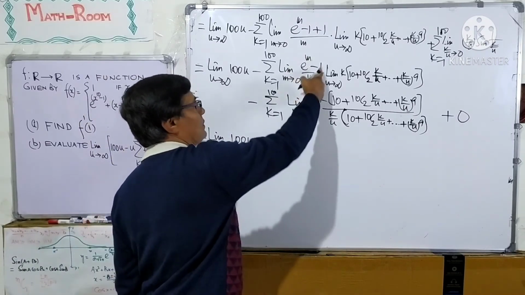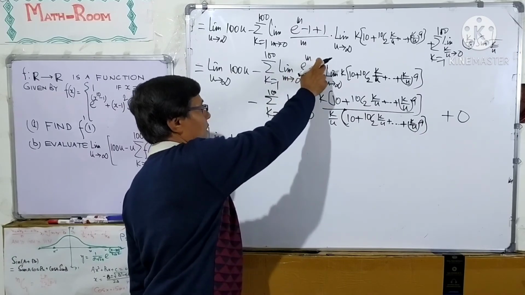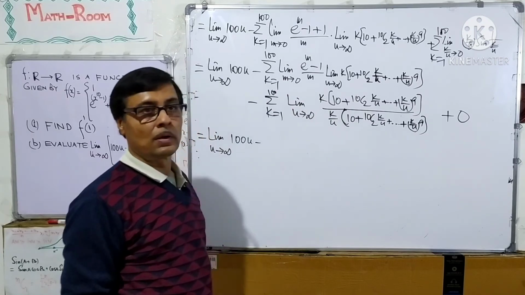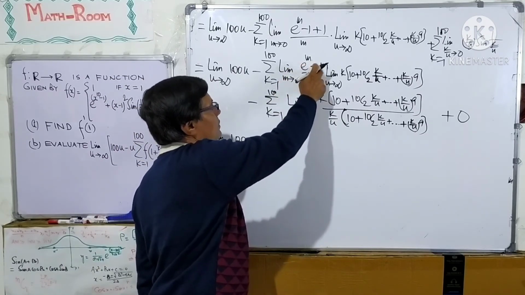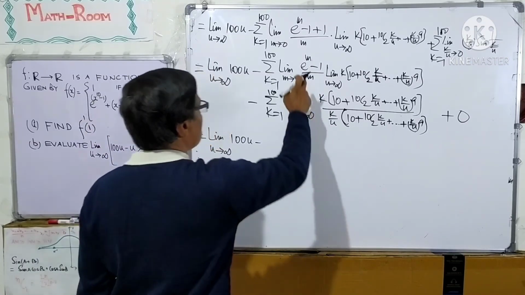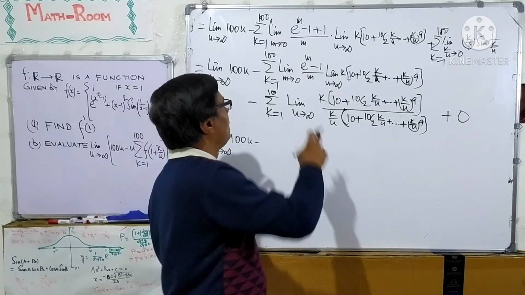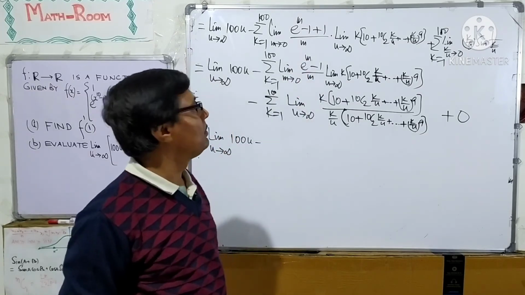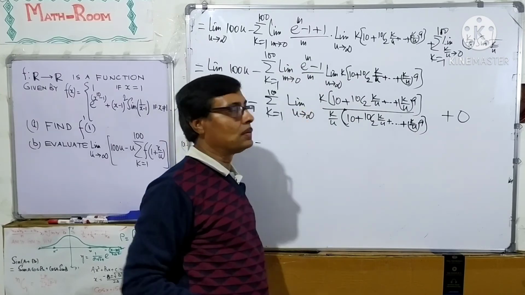This limit is also 1, e to the power x minus 1 over x as x tends to 0, that is, m tends to 0 of e to the power m minus 1 over m is 0, it is also well known to us. This limit is 0, this limit is 1, the limit as m tends to 0 of e to the power m minus 1 over m is 1, this value of this limit is 1, which is well known to us.